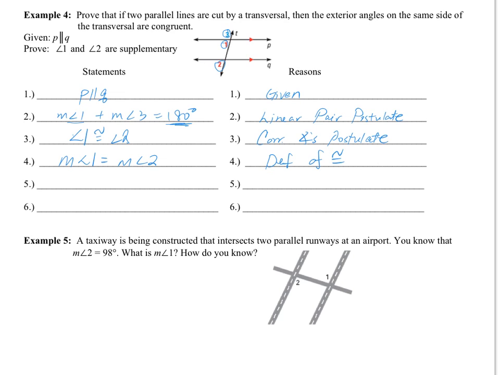You could just use a symbol. And now I'm ready to substitute measure angle 1 from step 2 for measure angle 2, because my goal is to prove that measure angle 2 and measure angle 3 are supplementary. So now, after substituting, I prove that these two angles add up to 180 degrees. So my reason is going to be substitution.